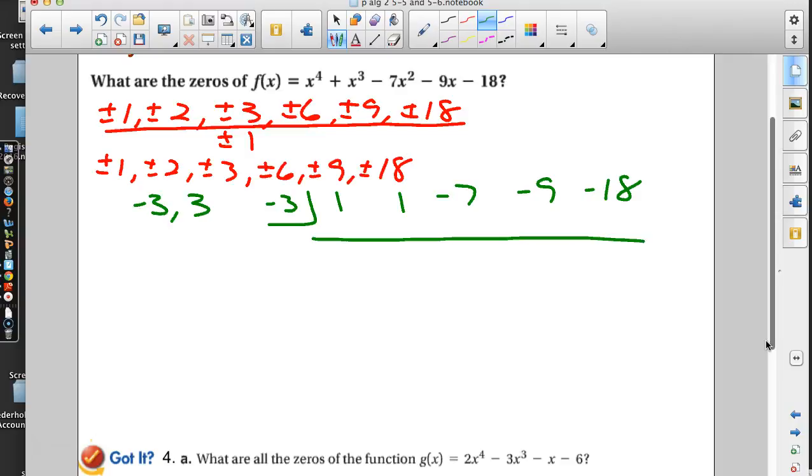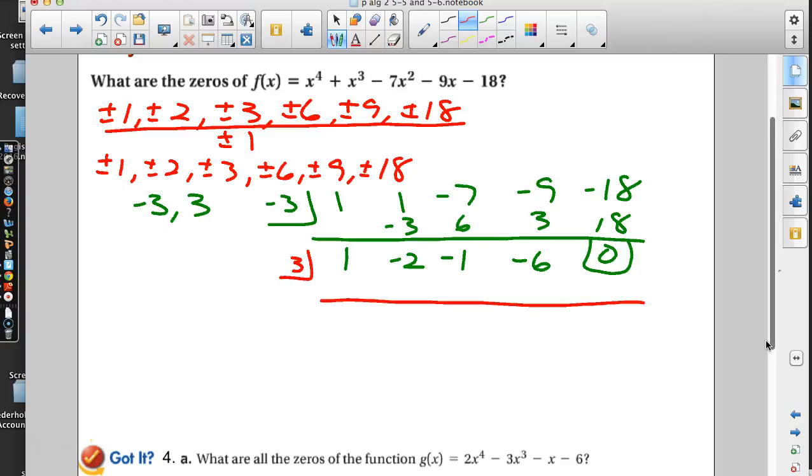Let's make sure we're getting a 0 in that last position. So far so good with the -3. Okay, it's working. Now let's keep rolling with the +3.